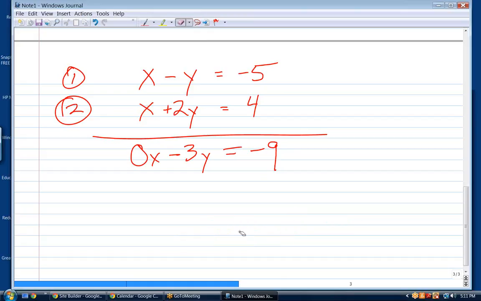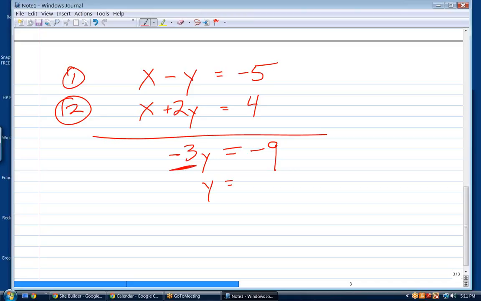So now the 0x is what disappeared. And what is y equal to? Divide both sides by this coefficient.